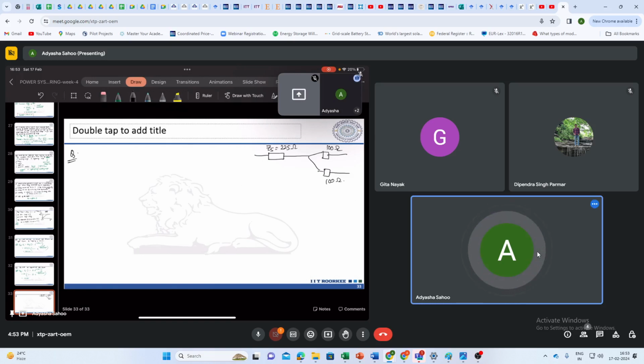So calculate the transmitted voltage and current in each branch.